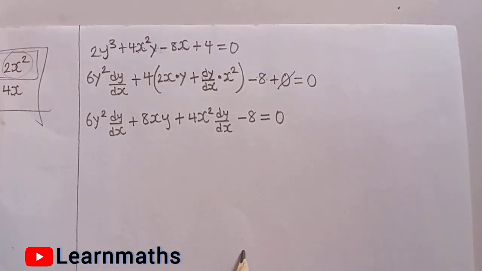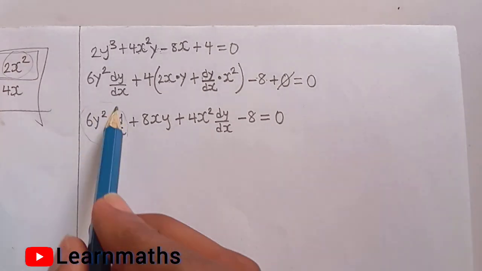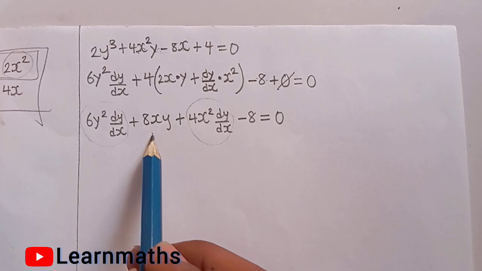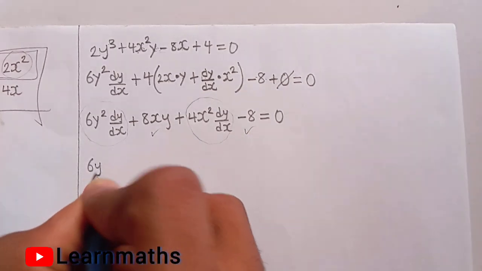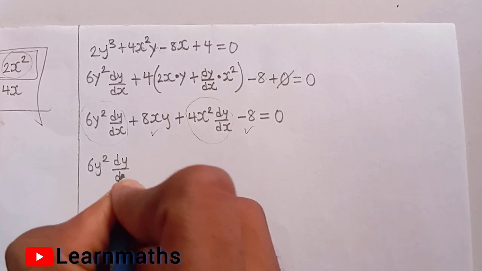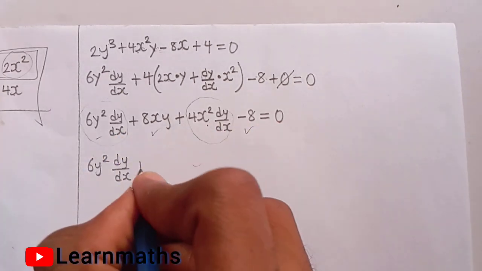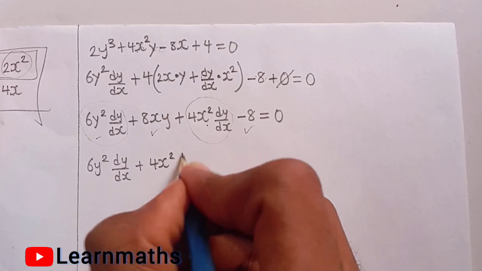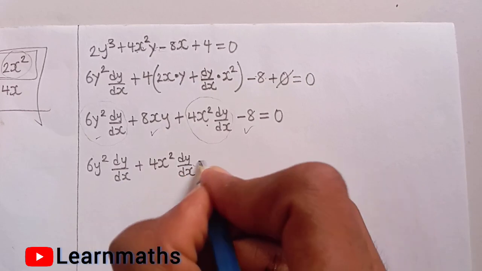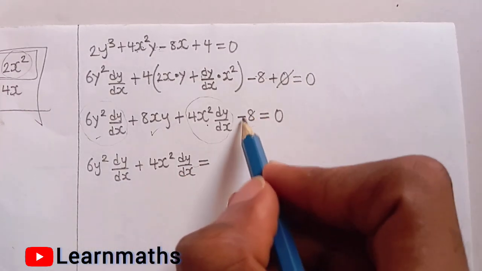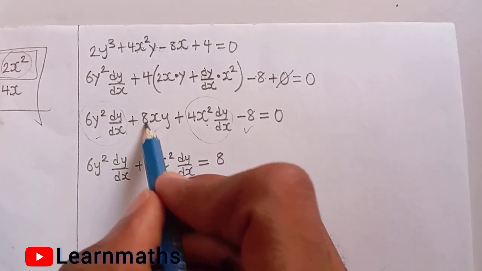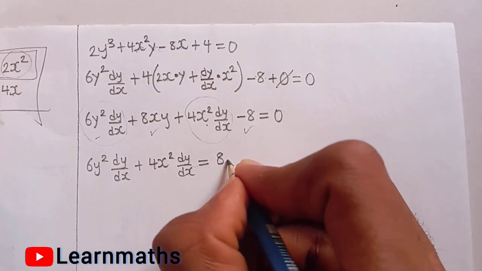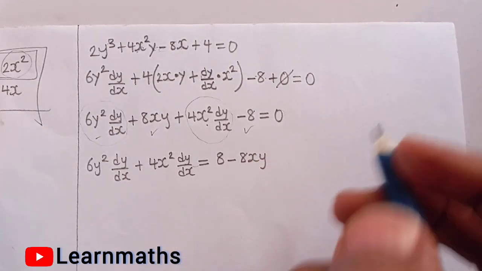The next step is to collect like terms. The terms with dy/dx stay on the left-hand side, the ones without dy/dx go to the right-hand side. So we have 6y squared dy/dx and 4x squared dy/dx equal to, sending negative 8 over the equal sign, it becomes positive 8, and sending positive 8xy over, it becomes negative 8xy.